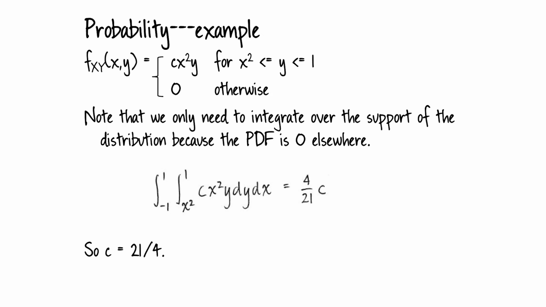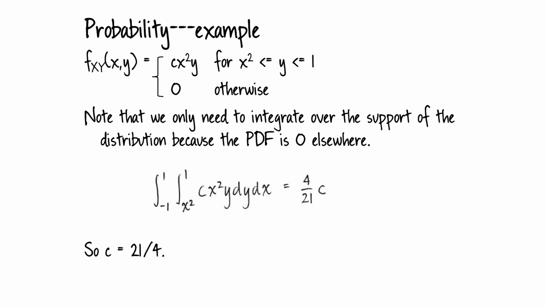I've set up the double integral, chosen these limits of integration so that I'm only integrating over the support of the PDF, and performed that integral. We get that it's equal to 4 over 21 times c, and we set that equal to 1, and so we get c is equal to 21 over 4. Okay?